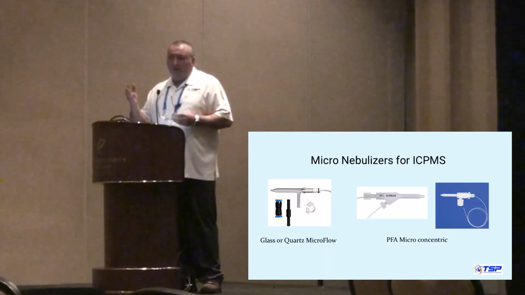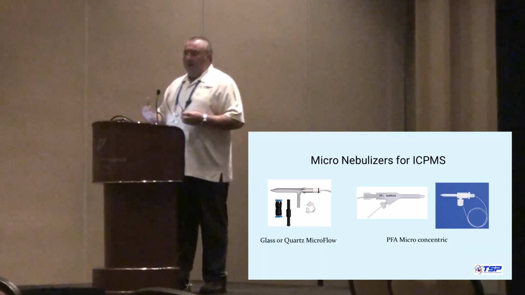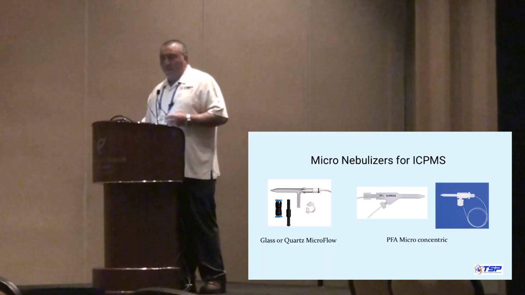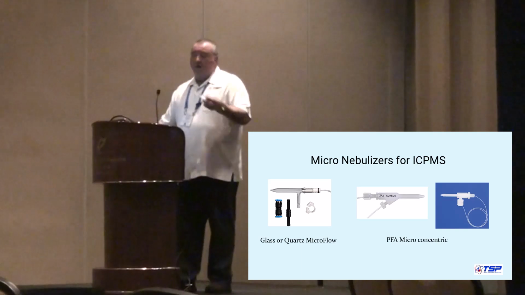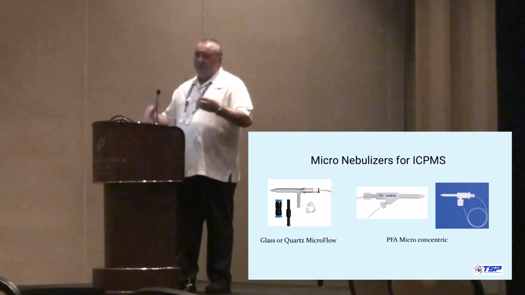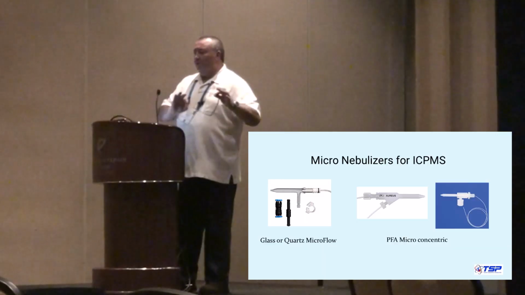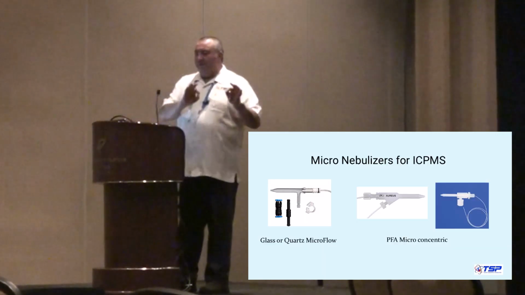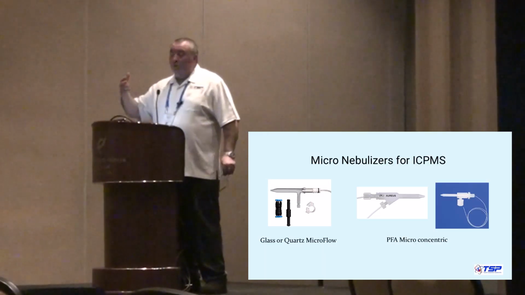I call them micro nebulizers, for the microflow, glass or quartz, and then we also have the PFA one through our partners as well. So those are all the choices you can get from us, and you can get them from your old supply. That would be something that you run on a spec, it doesn't clog, it's not a very challenging sample. So that's what we would recommend.